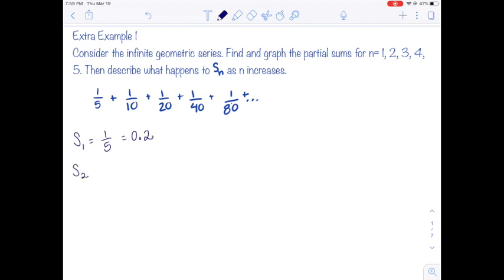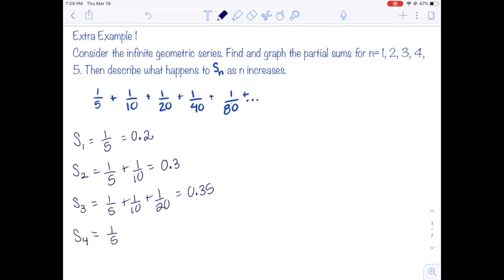And then the sum up until the second term would be your 1/5 plus 1/10, which gives you 0.3. And then the sum up until the third term is your 1/5 plus 1/10 plus your 1/20, which gives you 0.35. So we're adding a smaller amount each time.